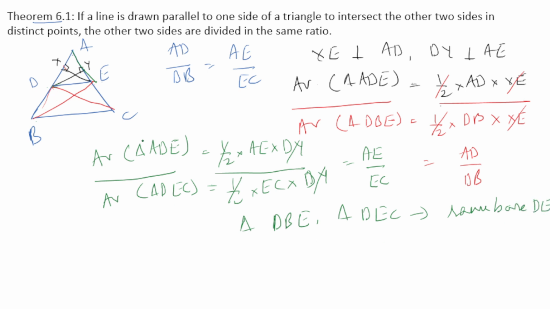And these two triangles are lying between the parallel lines DE and BC. So the areas of these two triangles are the same.